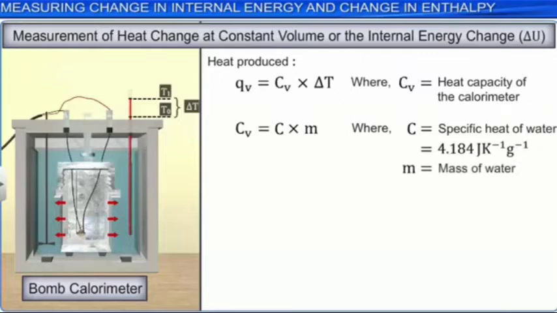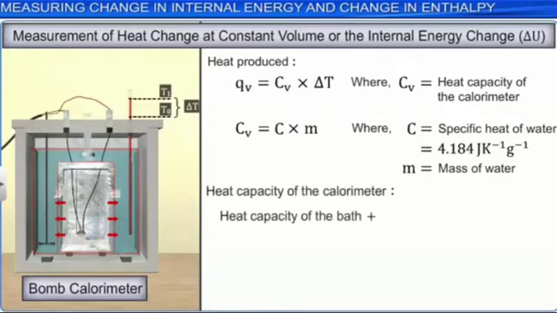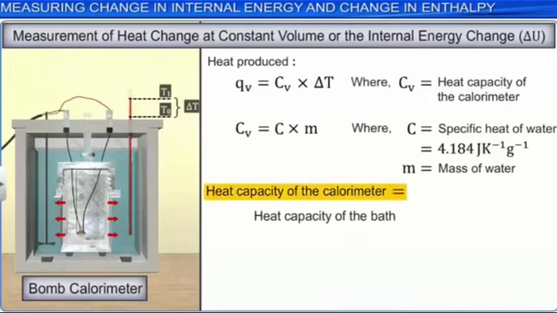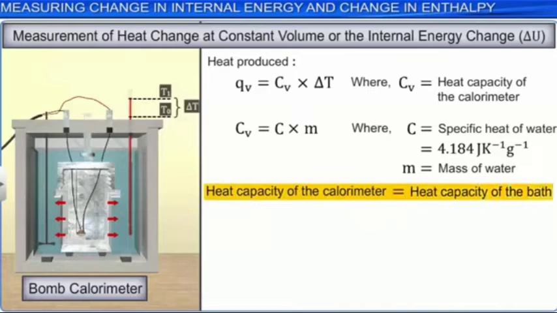Actually, heat capacity of the calorimeter or the system is the sum of heat capacity of the bath, that is, water, and the heat capacity of the bomb, that is, the metal. Water has high value of heat capacity as compared to the metal of the bomb. Thus, heat capacity of the metal is neglected, and the heat capacity of the calorimeter is taken as the heat capacity of only the bath.